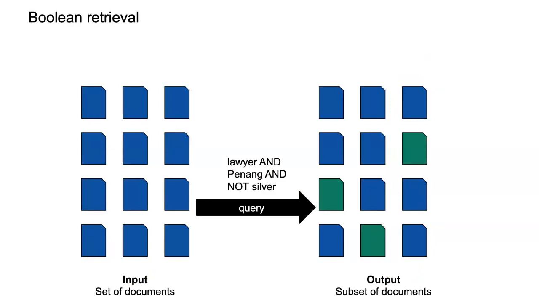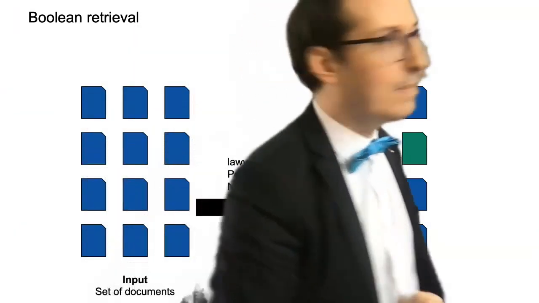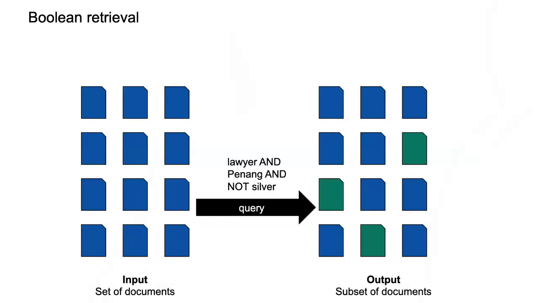So we started at the beginning of the semester by making assumptions, because we always need to assume things. And in particular, we assume that the input consists of a set of documents. And in our first attempt, we assumed that the goal of a query was to select a subset of the documents. These are the ones that you return to the user.